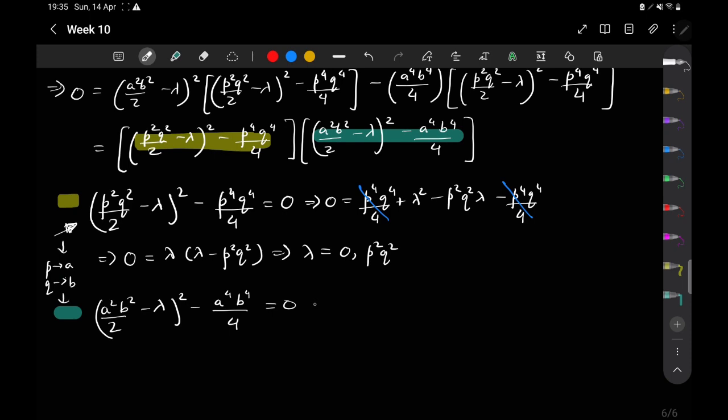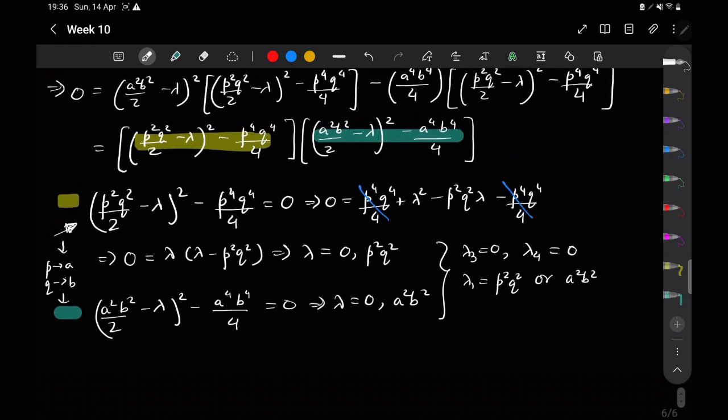So we can directly write down the eigenvalues, which will be 0 and a squared b squared. So from this we can clearly see that lambda 3 equals 0 and lambda 4 equals 0. And lambda 1 can be p squared q squared or a squared b squared, depending on whether pq is greater than ab or not.